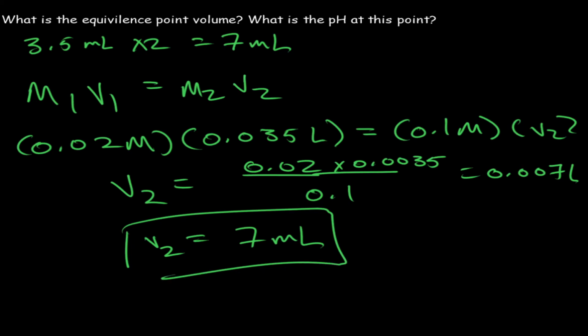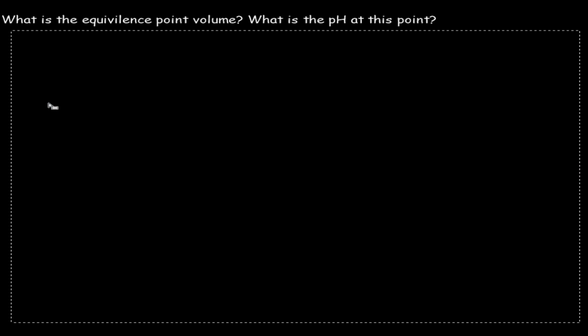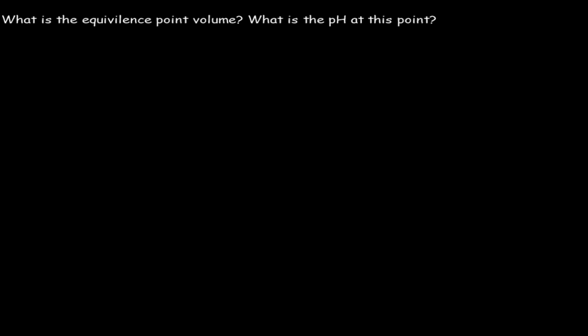So the next question is, what is the pH at this point? So when we've added 7 milliliters of sodium hydroxide, what is the pH? First, let's figure out how many moles we have of acetic acid and how many moles we have of NaOH. So like the last question, we said we have 7 times 10 to the negative 4 moles of acetic acid in the flask. That value won't change.